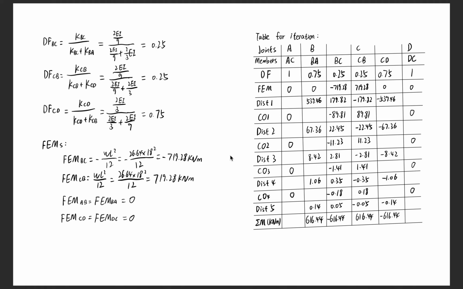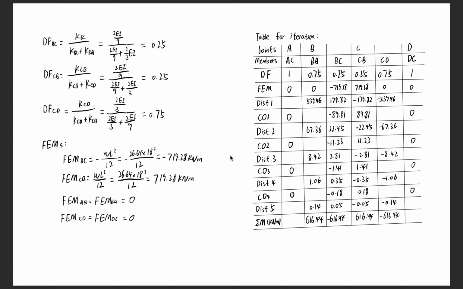FEMAB, FEMBA, FEMCD, FEMDC all equal 0 because there's no load on AB and CD. For the table iteration, we just list the table with joints A, B, C, D and members AB, BA, BC, CB, CD, DC. DF and FEM we already calculated before.